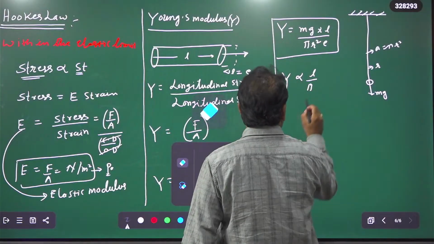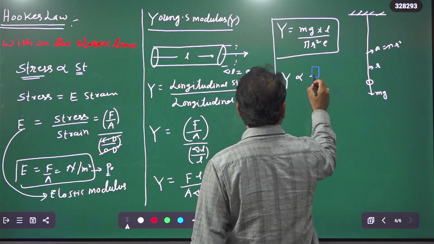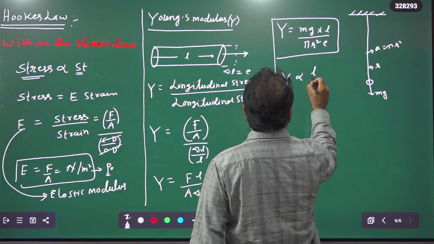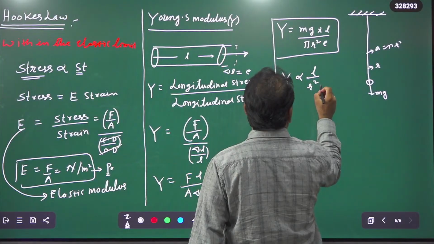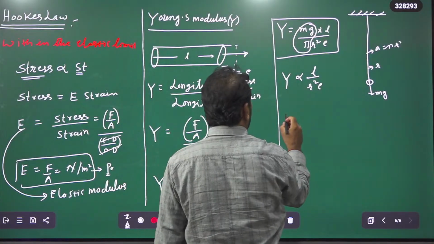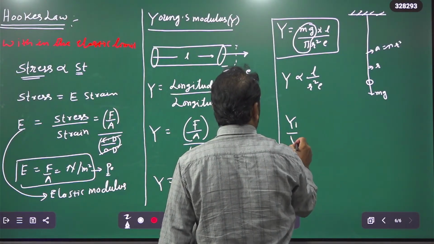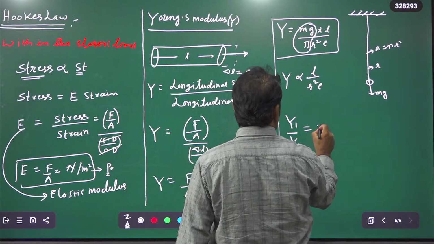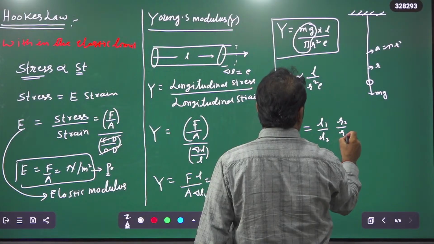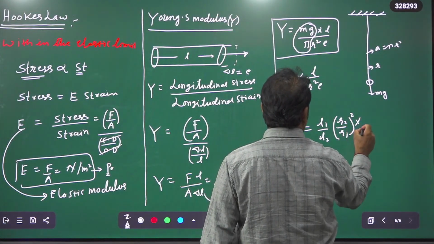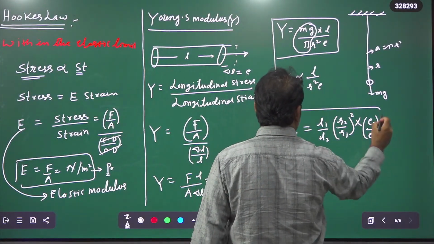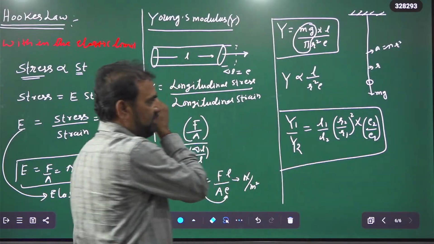Sorry, Y is directly proportional to L upon r square into E. If this is a constant, then Y1 upon Y2 is equal to L1 upon L2 into R2 upon R1 whole square into E2 upon E1. We should write like this for different metals.